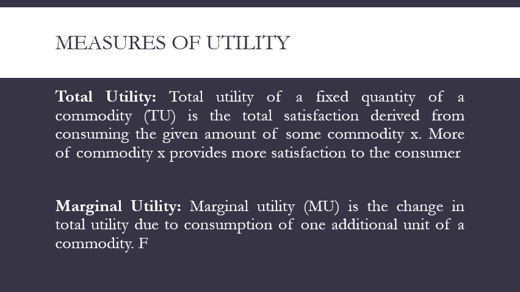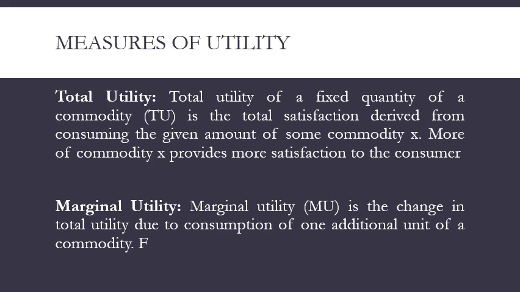The total utility of a fixed quantity of a commodity is the total satisfaction derived from consuming the given amount of that commodity. So total utility is the aggregate utility derived by consuming some bunch or group of products.